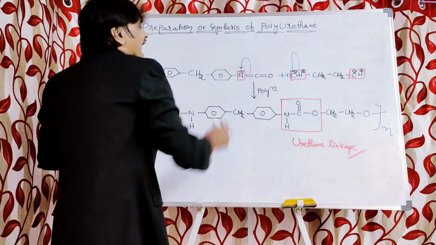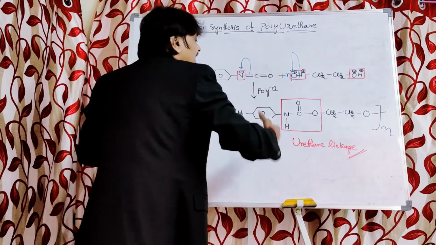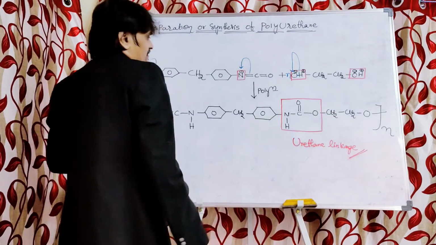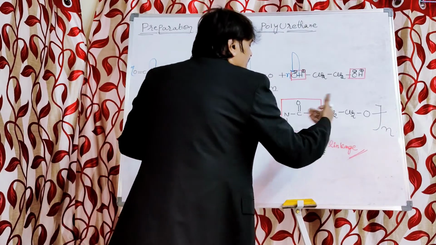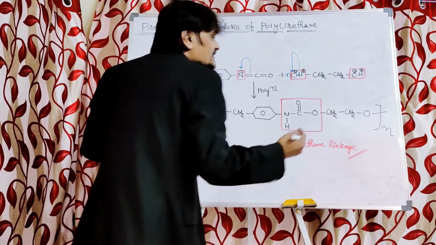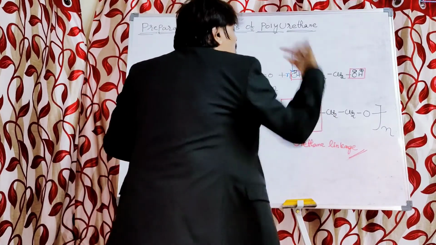As it is a polymer, it comprises n number of urethane linkages. So it not only contains a single urethane linkage, it comprises n number of urethane linkages, because it is a polymer.